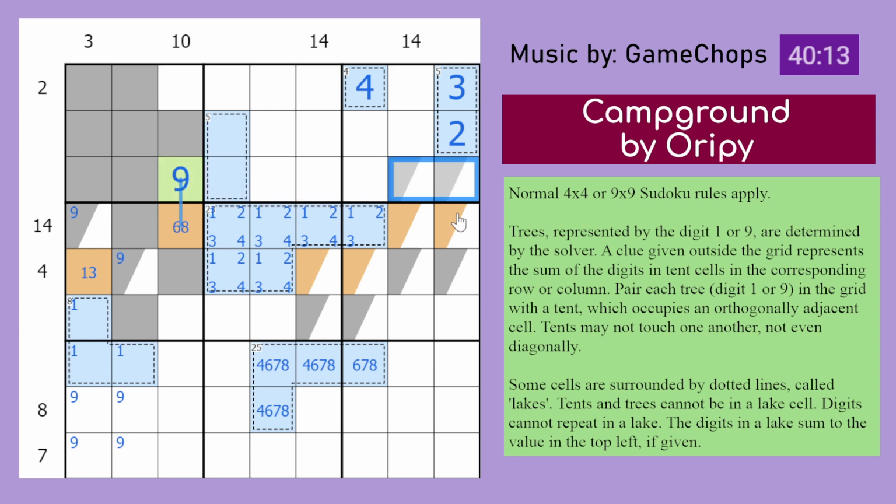Oh, I guess we know none of those are tents, but because of the 9 here, none of those are 3s either. So those are just completely nothing. That also isn't. It could be a tent though, if we wanted it to be, if you had a 3 here. This could be a tent.